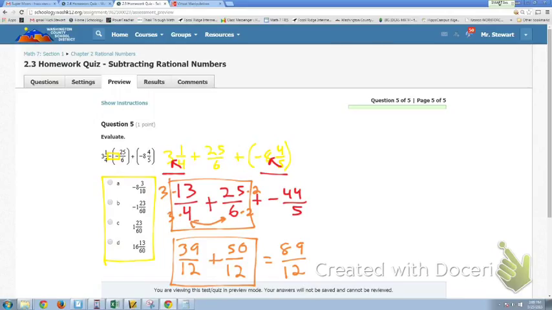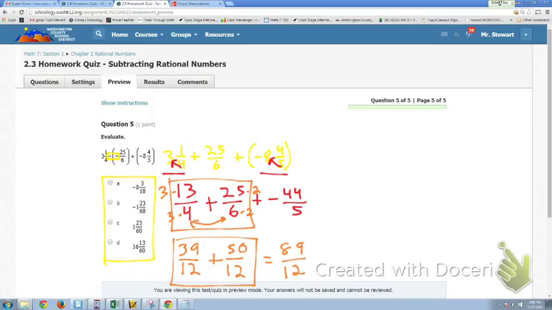How many times does 12 go into 89? And this is where we get to use a calculator. Okay, so I just used my calculator, and it's saying this is going into it 7 times with a little bit left over.